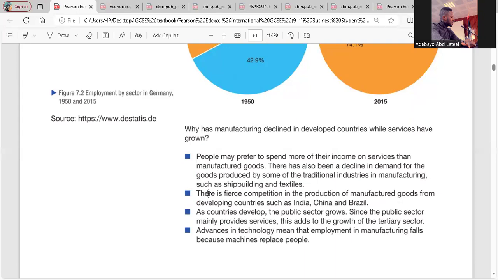A lot of firms are joining, and a lot of countries are becoming industrialized. As a result, the competition is increasing and the value of goods is becoming less. So it is no more interesting, no more profitable.